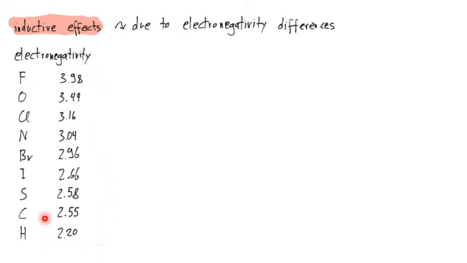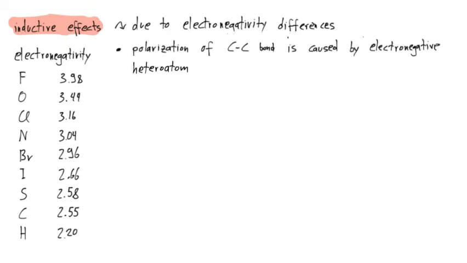You see carbon and hydrogen have very low, quite similar electronegativities, but then sulfur, bromine, nitrogen, chlorine, oxygen, and fluorine are in the direction of increasing electronegativity. Knowing which of the elements are more electronegative helps you to decide which atoms are electron withdrawing and which are electron donating.